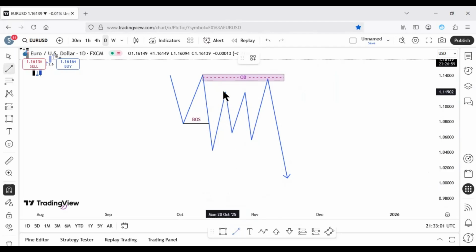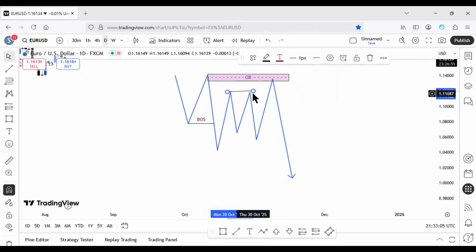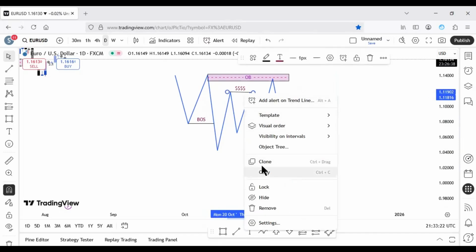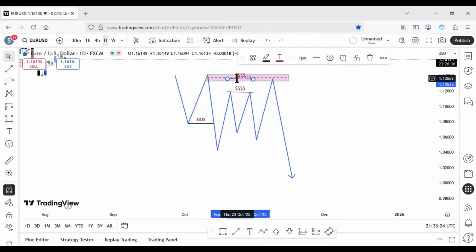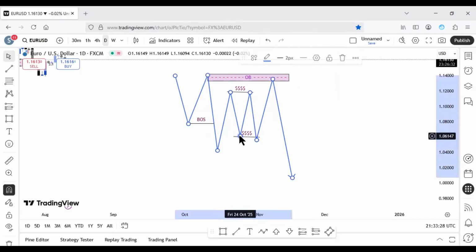And then right there, that is what we call the equal high liquidity. So that is the liquidity. So that is liquidity.